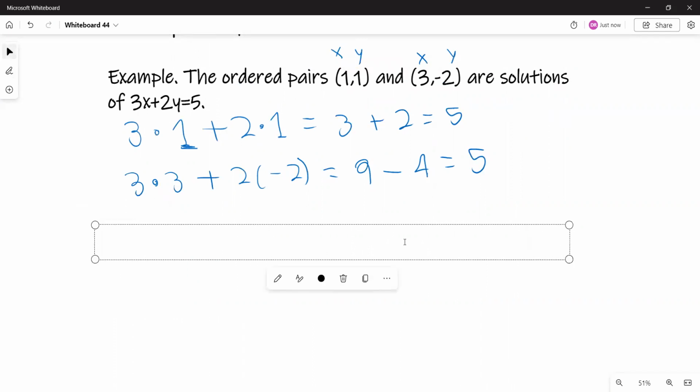Two equations are said to be equivalent if they have the same solutions.